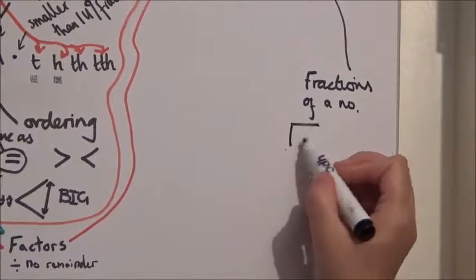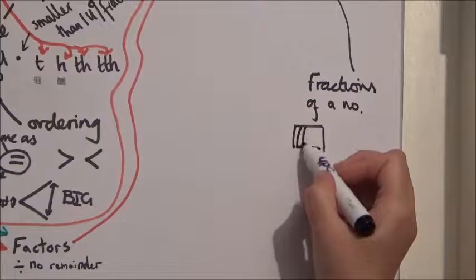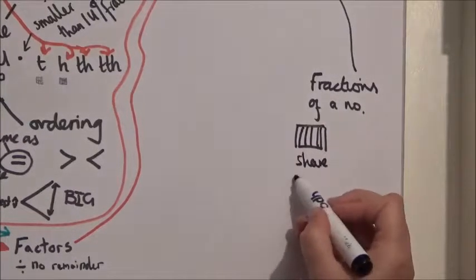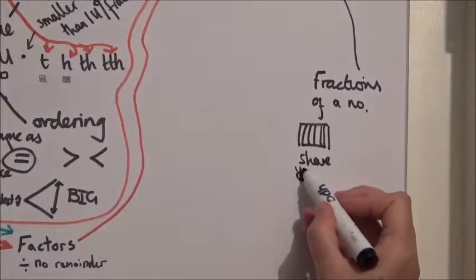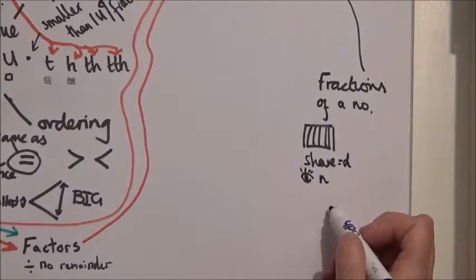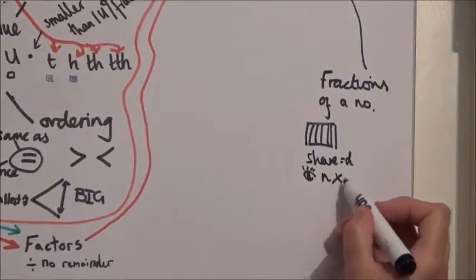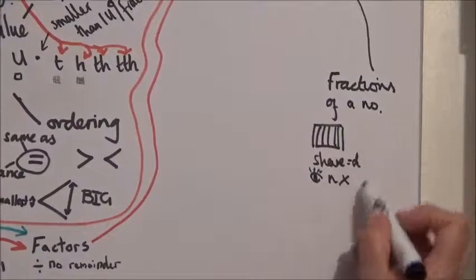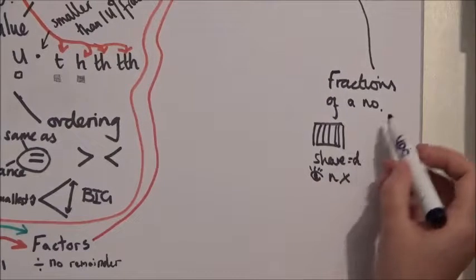Remember, we drew it out, we shared the number, we looked at the numerator, or we shared it using the denominator, we looked at the numerator, and we multiplied how many we were looking at. With Mr. Slay's version, it's just the same as this, but without it being visual.